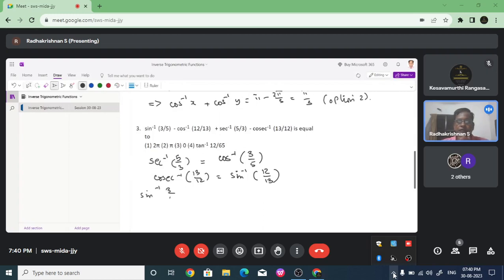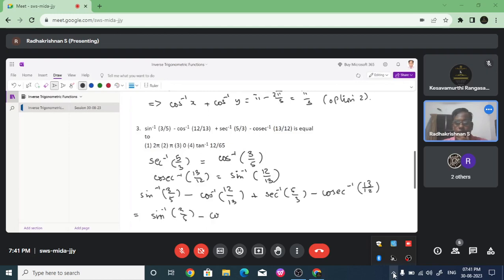Sine inverse of 3 by 5 minus cos inverse of 12 by 13 plus secant inverse of 5 by 3 minus cosecant inverse of 13 by 12 is equal to this plus, so this becomes equal to cos inverse 3 by 5.